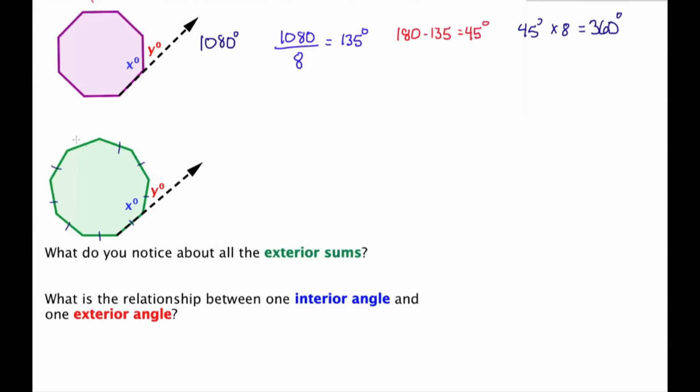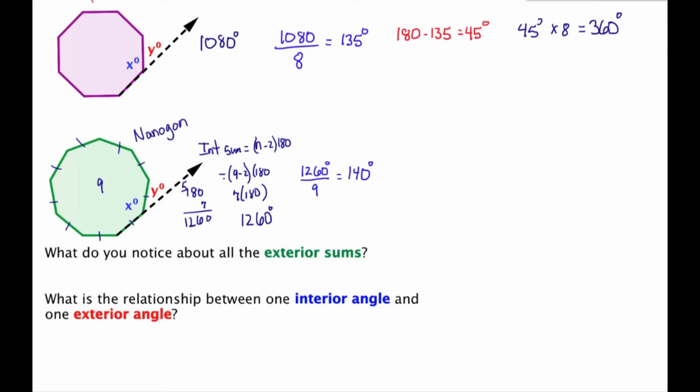Now the only thing about this figure here, this 9-sided polygon, which is a nonagon, is that we don't have this interior sum from the previous page, so we actually have to find it here by using the n minus 2 times 180 equation.